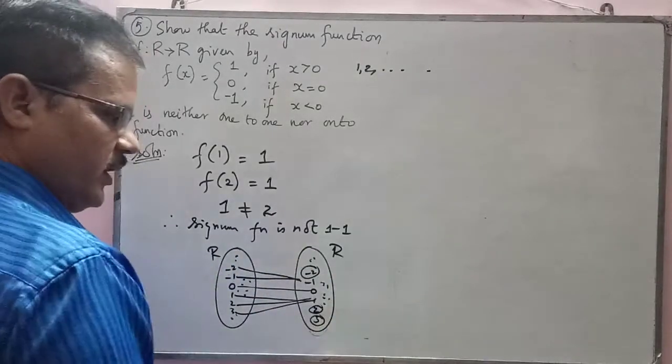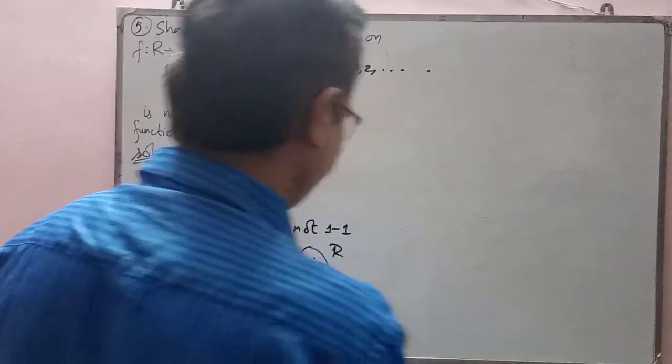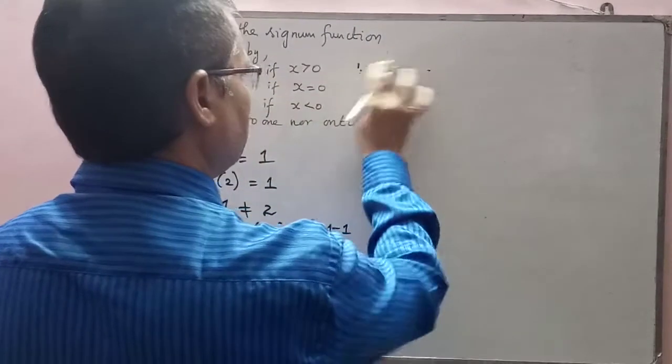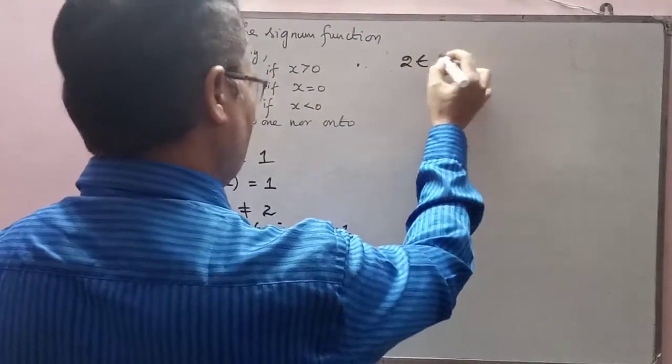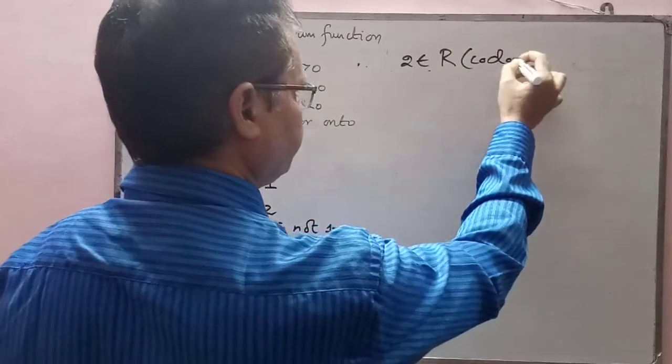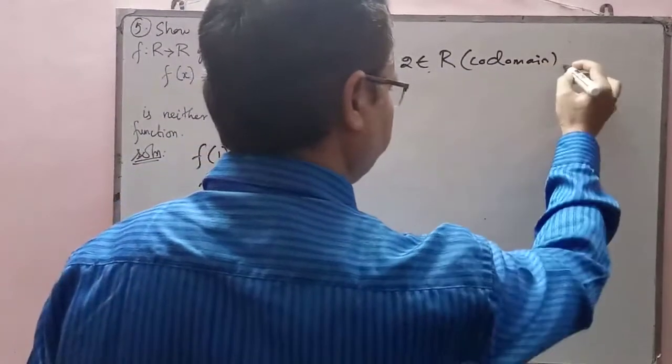Now choose any one element from this. Here our favorite number is 2, so we'll go for 2. So 2 belongs to R, which is the codomain.